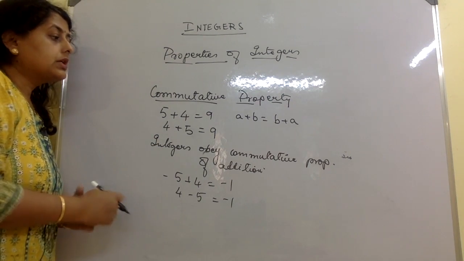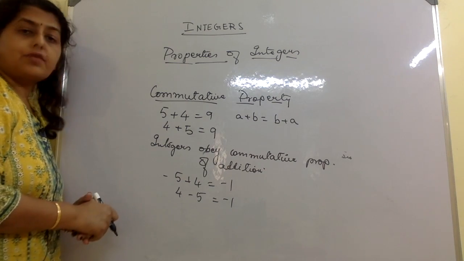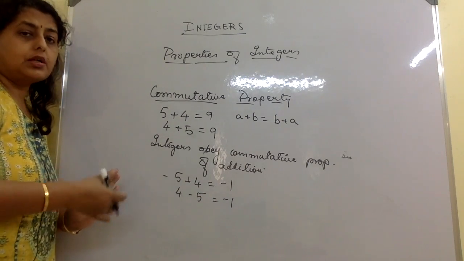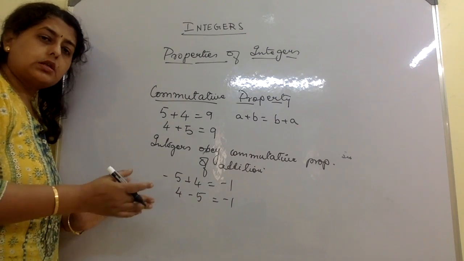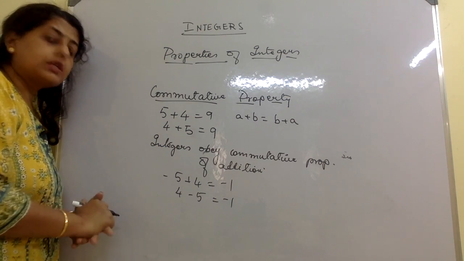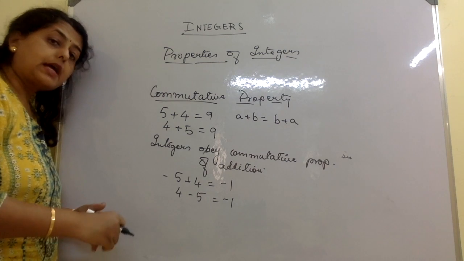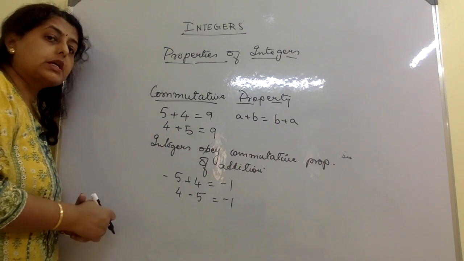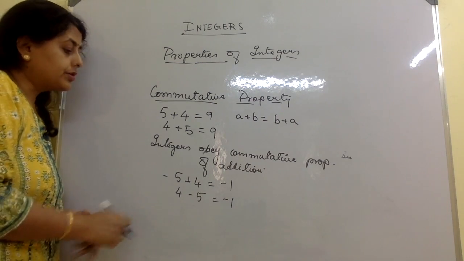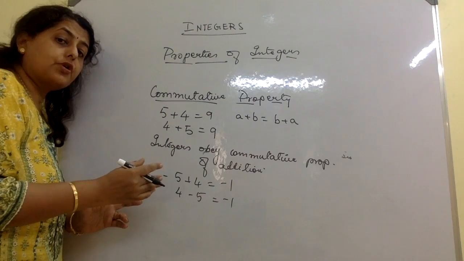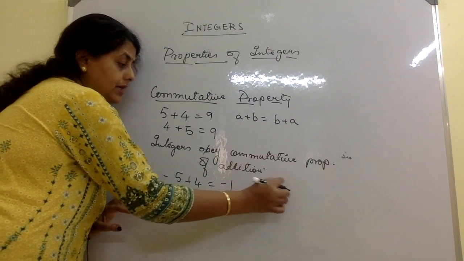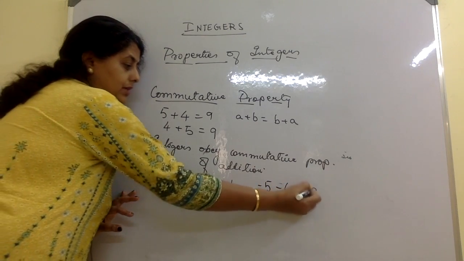Now if I want to check for subtraction, you will see that it is not working. Integers follow the properties for addition and multiplication, but not for division and subtraction. Let me show you how it does not work for subtraction. Minus 5 minus 4 is minus 9.